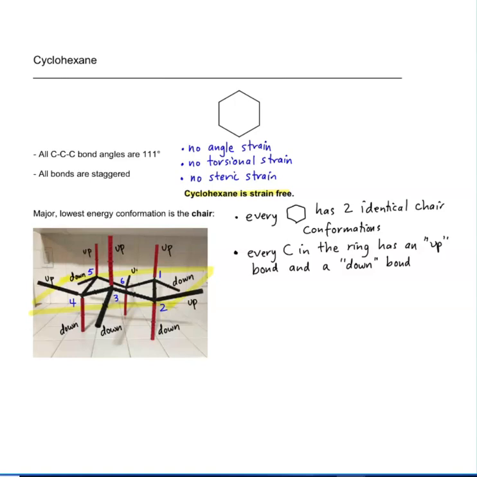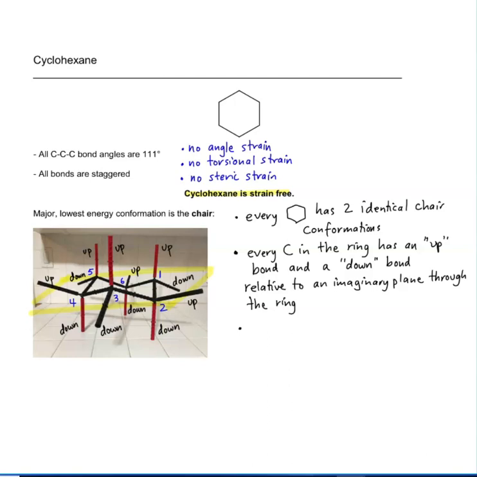And finally at 6, black is up and red is down. So every carbon has a bond that points up relative to an average imaginary plane through the ring, and a bond that points down. Every cyclohexane has that feature.